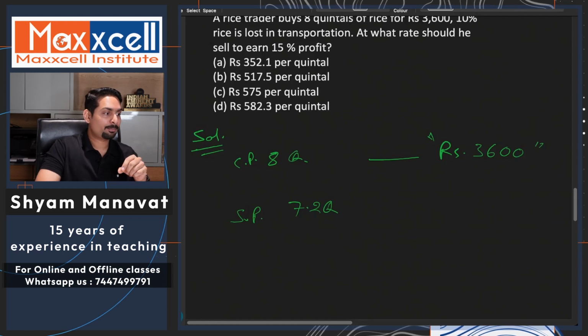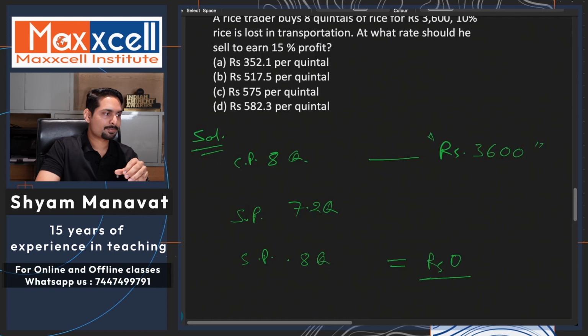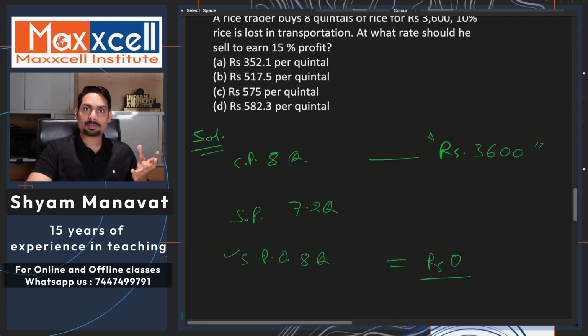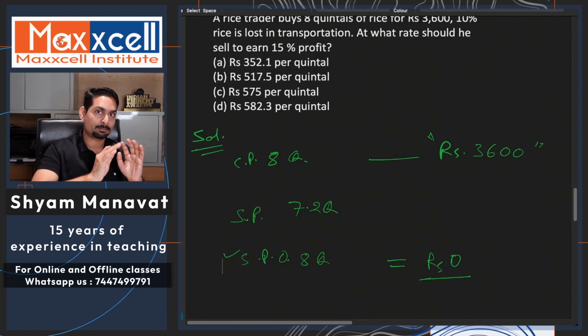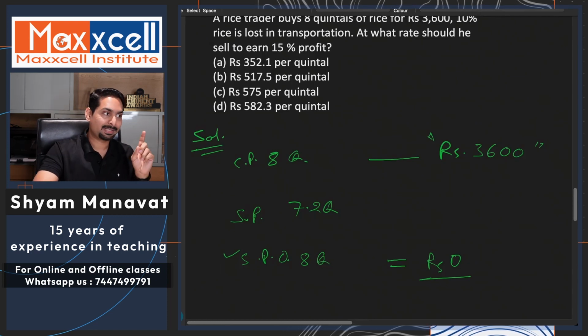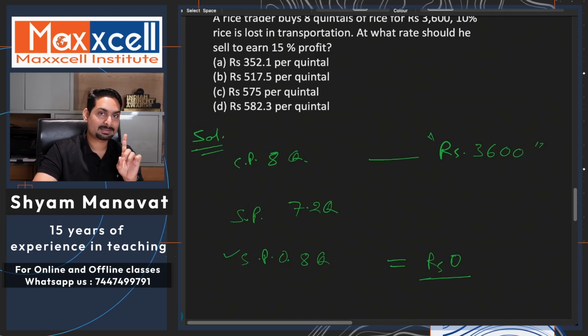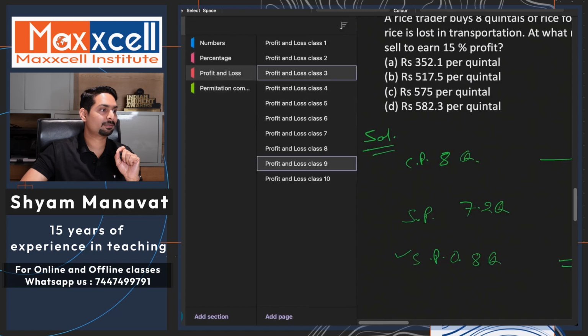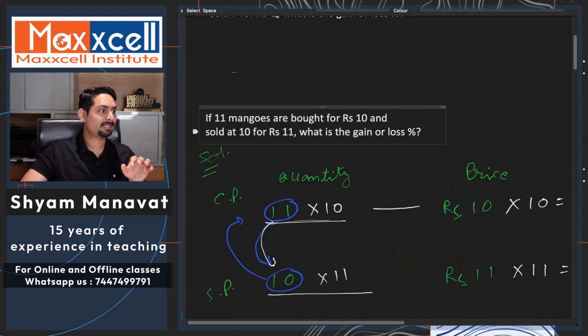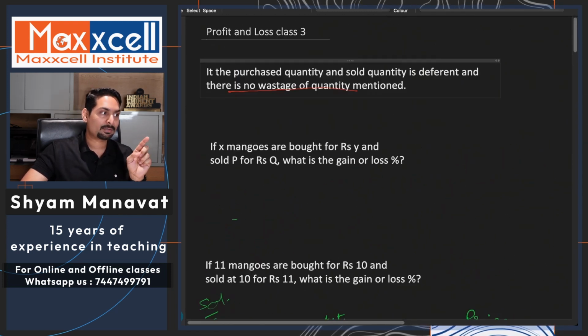Because for the lost 0.8 quintal, the selling price will be 0 rupees, because that is lost, correct? The quantity which is lost has 0 value. In that case, we do not make quantities equal, the way we did in question number 3. I have mentioned very clearly that this is only for the case where no wastage of quantities is mentioned.